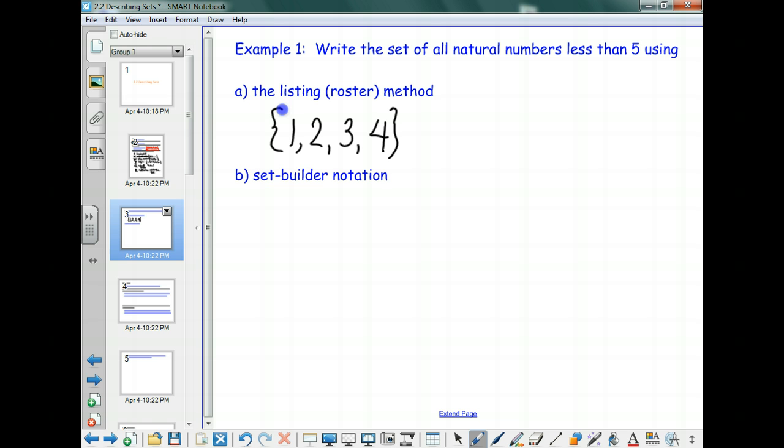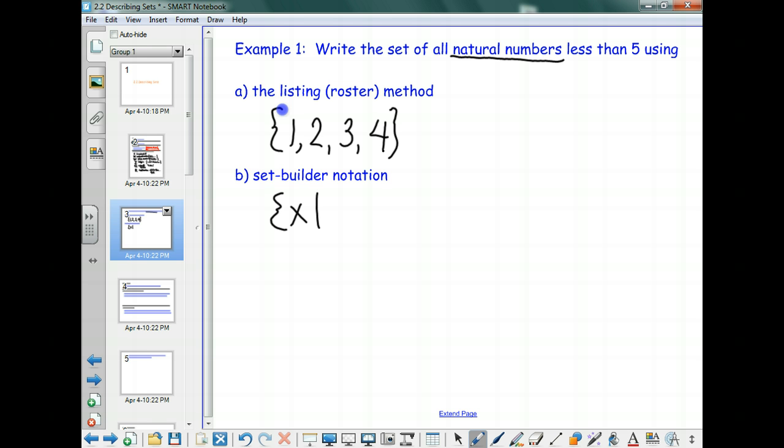So let's take a look at the other way of writing this same idea with set builder notation. So again, it's a curly brace, an X, and a bar. It's always going to start out that way. Okay? Then you're going to describe 2 things after that about these numbers. One item it says is that it's a natural number. So I've got to do a description for natural numbers.